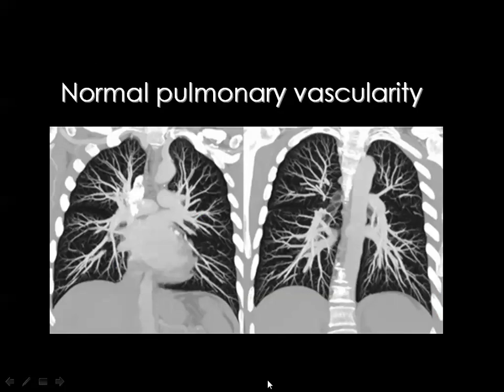By multi-slice CT, we can inject intravenous contrast material and image the lung whenever the contrast material is concentrated in the pulmonary artery, and we have axial images, coronal and sagittal images to see, as you can see here, the pulmonary vasculature.